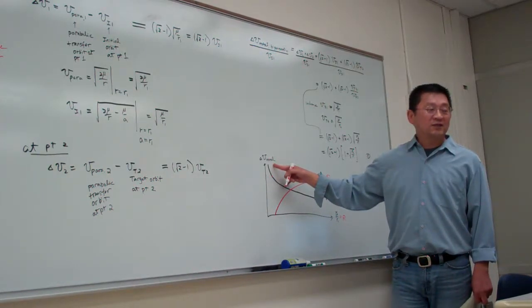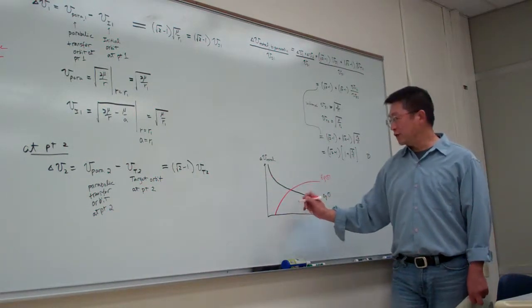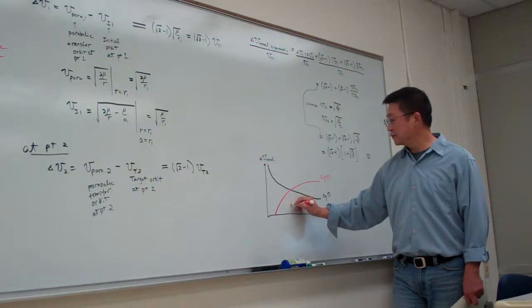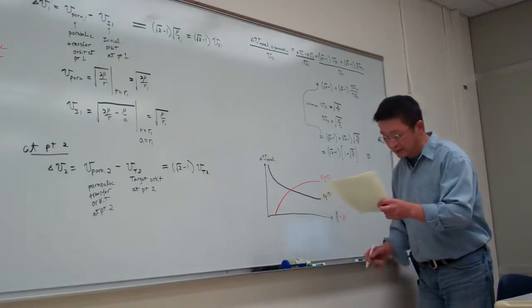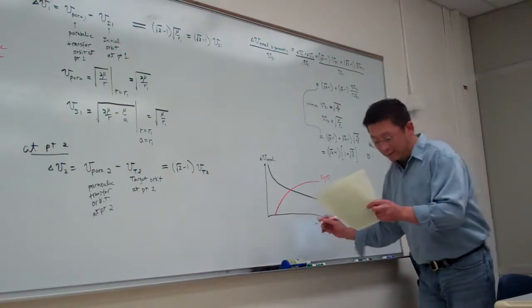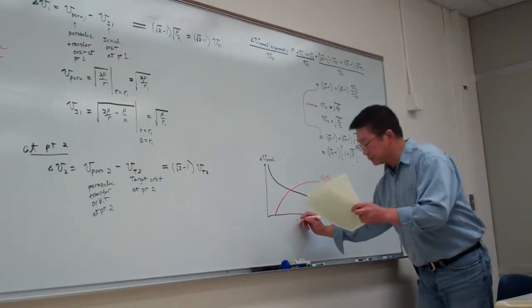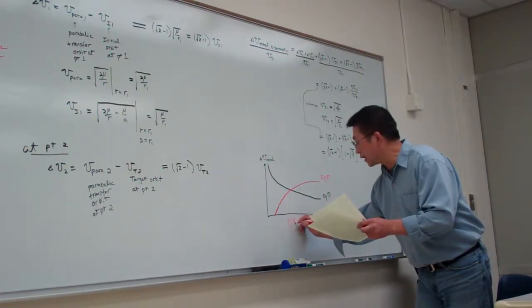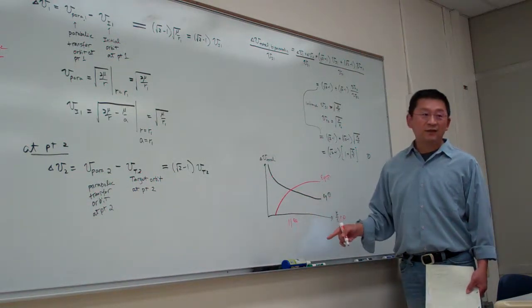The statement that the Hohmann transfer is the most fuel efficient is true only in this range. If we find the intersection, that number is 11.94. Okay, we can be more accurate, but that is one.